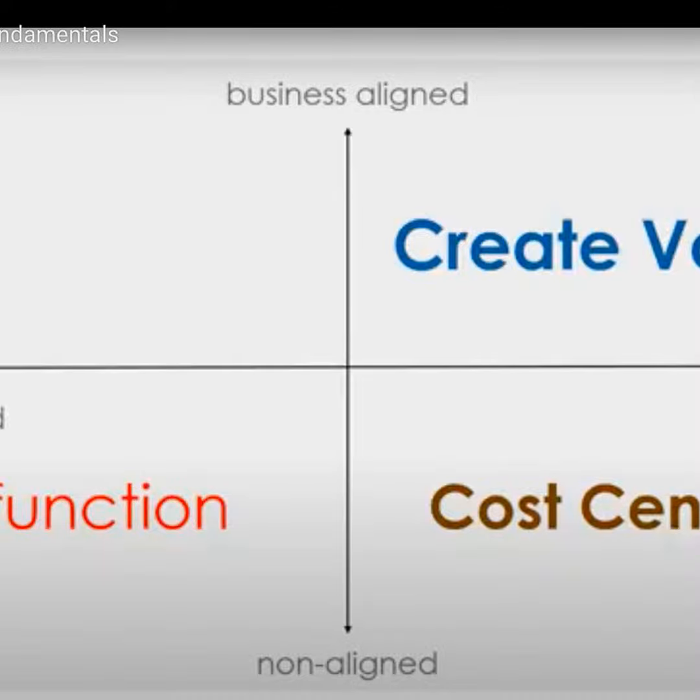And we can take those 2 factors and look at them in a slightly different way in this quadrant. So you've got on one axis, business aligned, non-aligned, on the other axis, unmanaged and managed. And so organizations that have low management capability, they're down in that lower left-hand quadrant, and are not aligned with the business needs, are essentially in a dysfunctional situation.